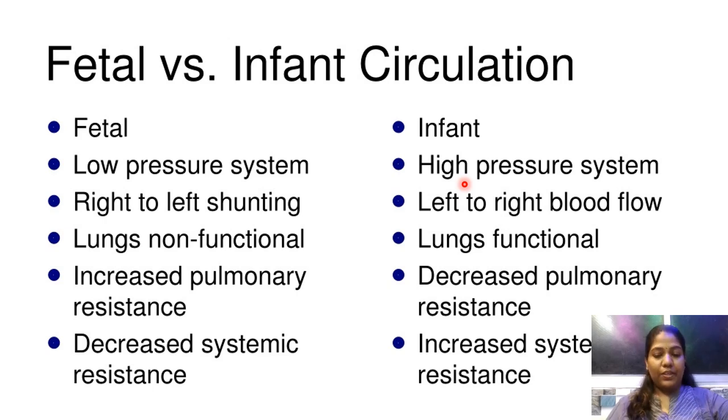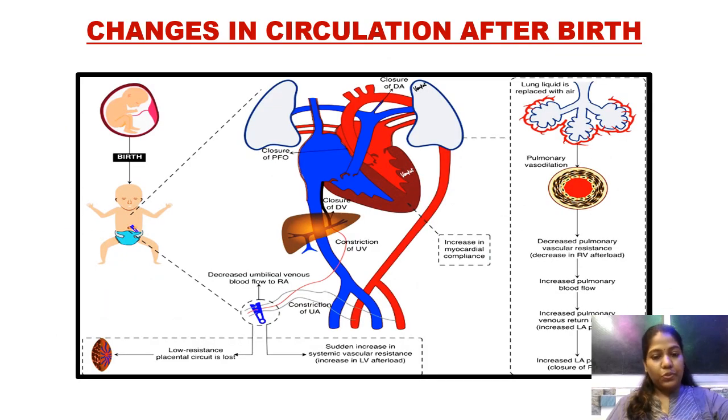Lungs becomes functional because the fluid within the alveoli get absorbed and filled with air. So there is decrease in pulmonary resistance. Since the placental resistance goes off, systemic resistance increases, thereby indirectly influencing the left ventricular myocardial contractility. So functionally, all the shunts will go for closure.